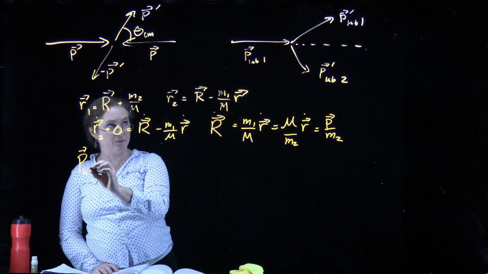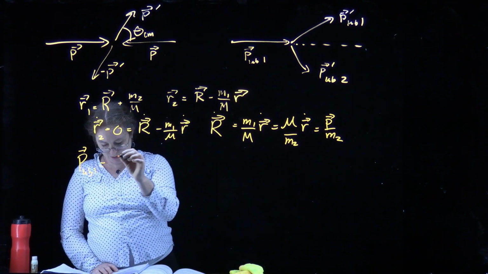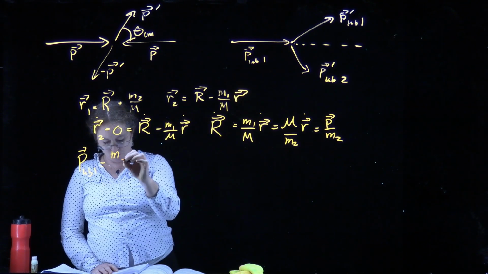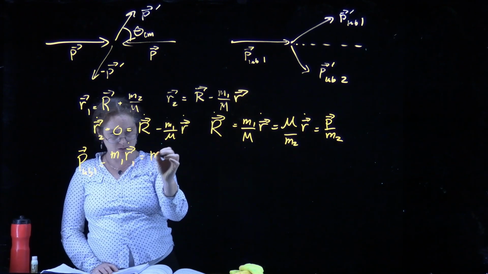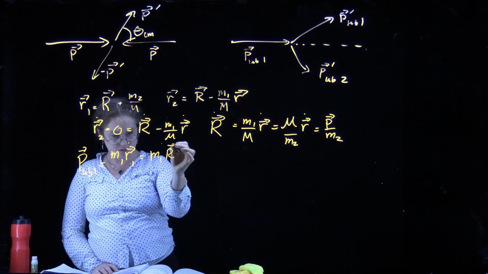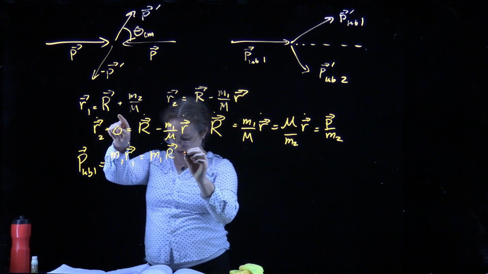P1 in the lab frame is M1 R1 dot, and this is just from here.